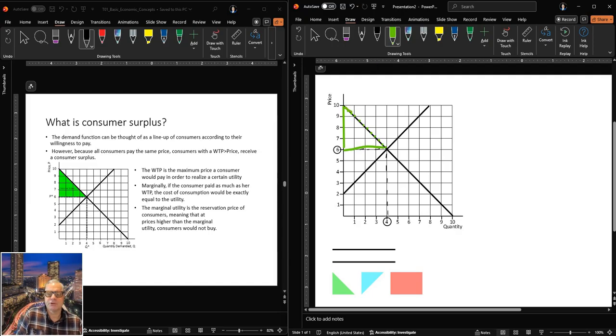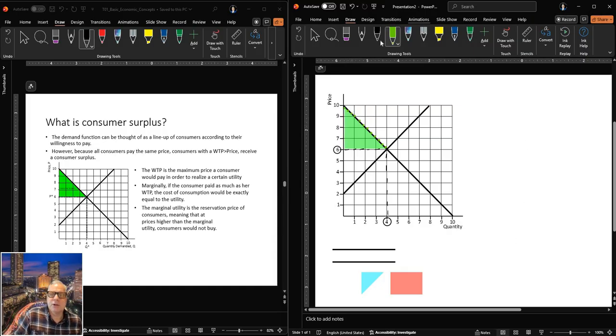That's supposed to be a triangle. Or this area here, that's why I prepared it. So this green area is consumer surplus.